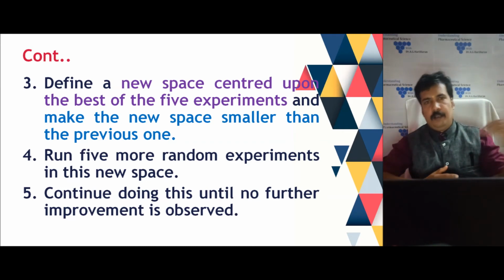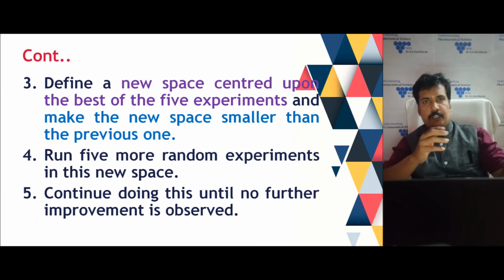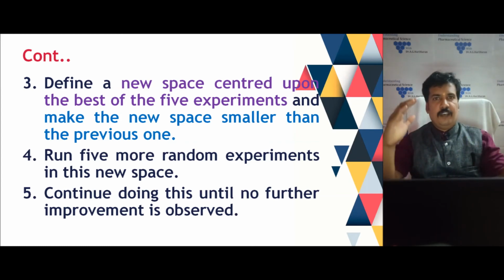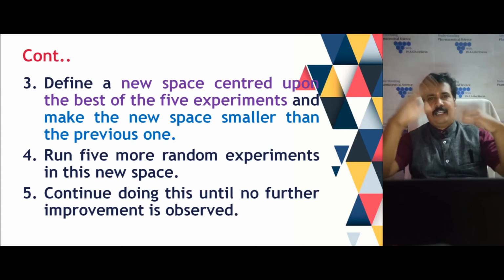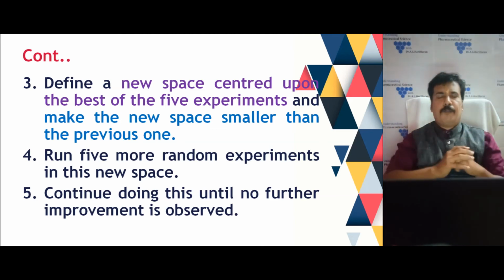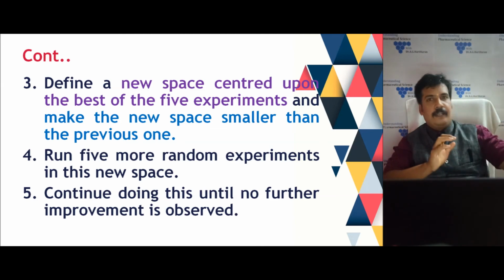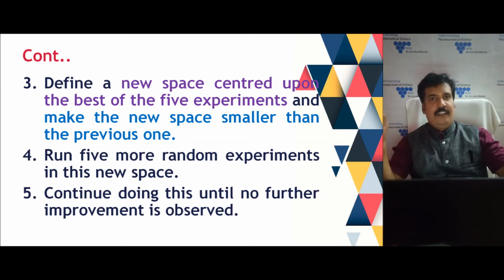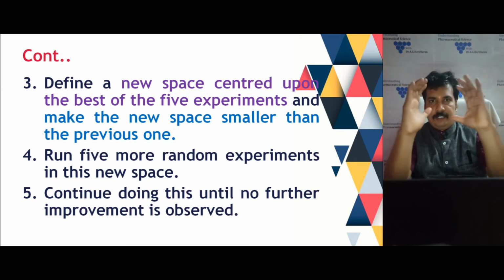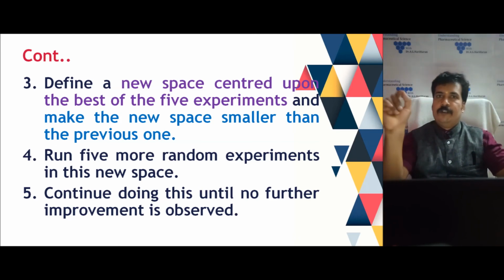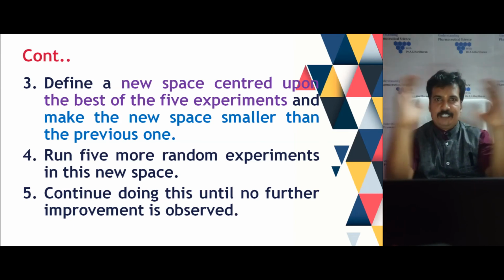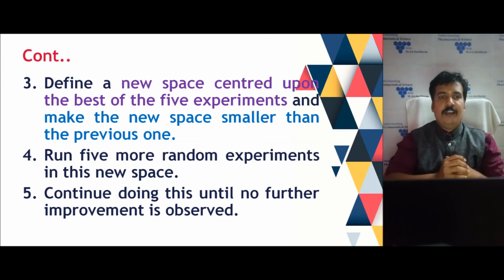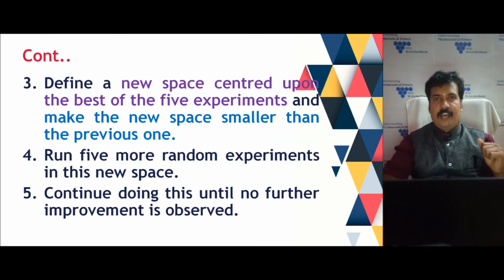For example, if I run 5 experiments at x1 10 and x2 50, x1 20 and x2 40, x1 30 and x2 40, like that, then I get one optimized concentration, say x1 20 and x2 30. Next, I concentrate further: x1 22, x2 28, x1 25, x2 25, making the space smaller each time. I continue this until it reaches a particular point.